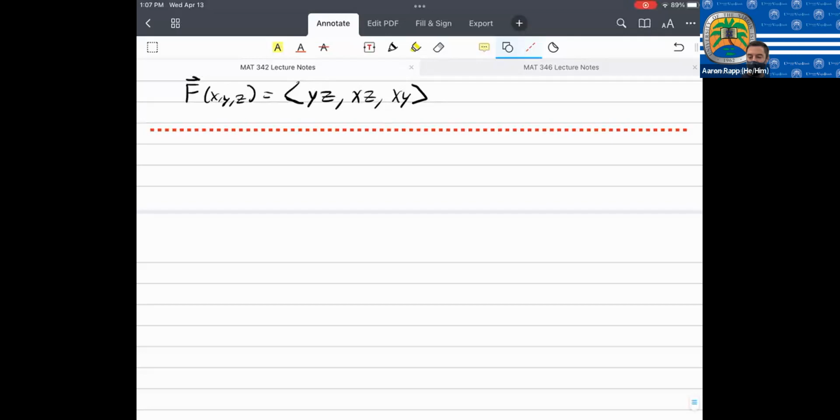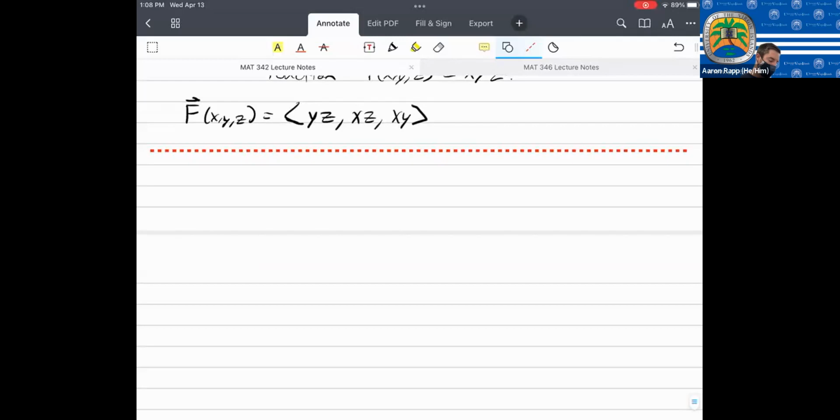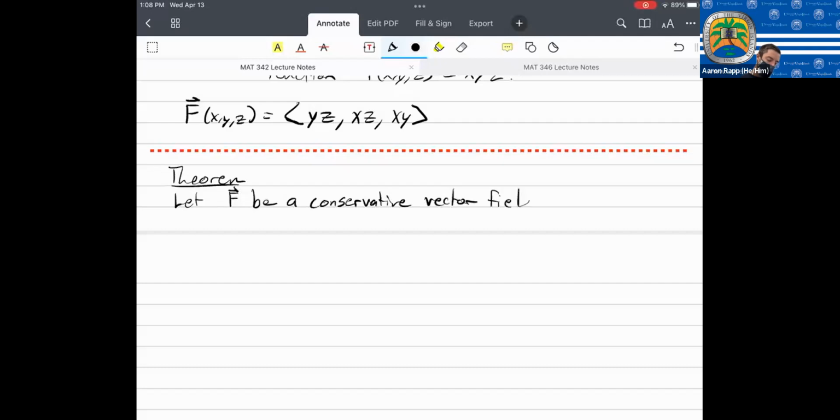So we're going to continue on today with a nice little theorem. So right here, yeah. Whoops, I'm not writing. There we go. Now I'm writing. So we're going to let f be a gradient field or a conservative vector field on an open and connected domain.